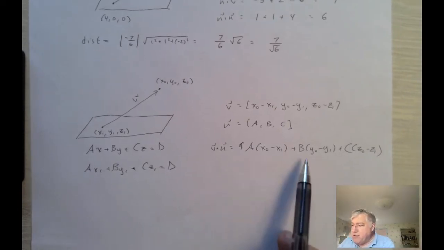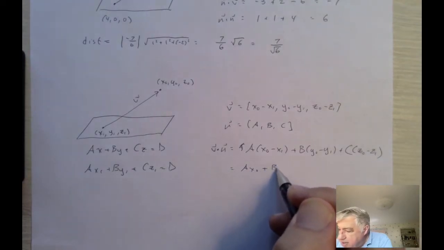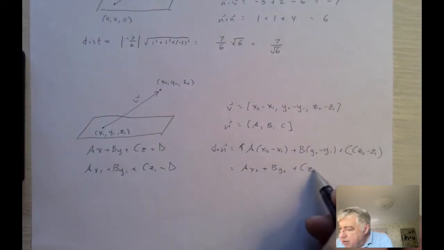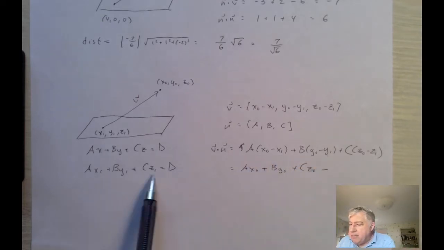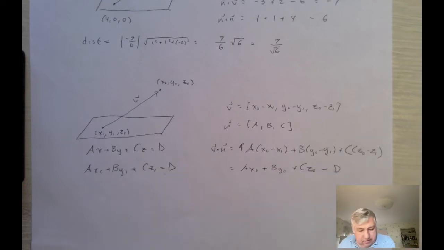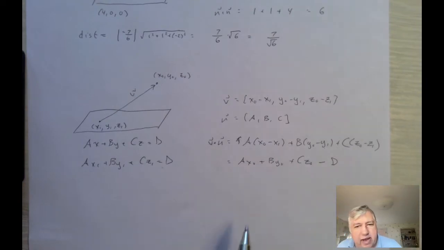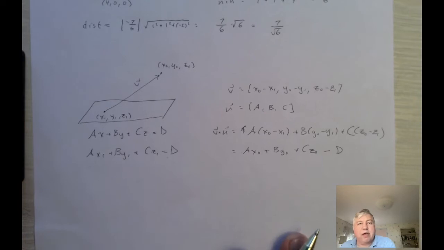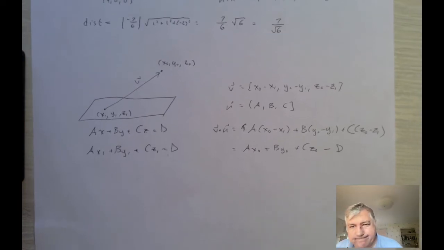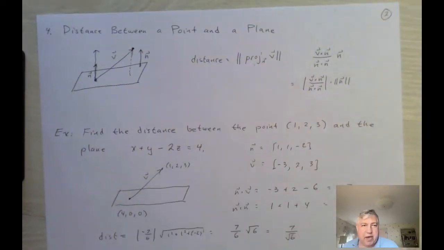If we distribute everything and collect like terms, this becomes ax0 plus by0 plus cz0 minus ax1 minus by1 minus cz1, but that's just d. So we get minus d. You can fill in the details now, but that's where this expression comes from. So you take the absolute value of this, divide by something, and multiply by something, and you get the formula. That's in your textbooks. So really, everything comes from this principle.